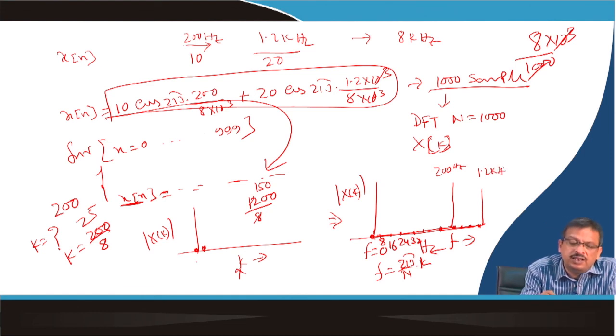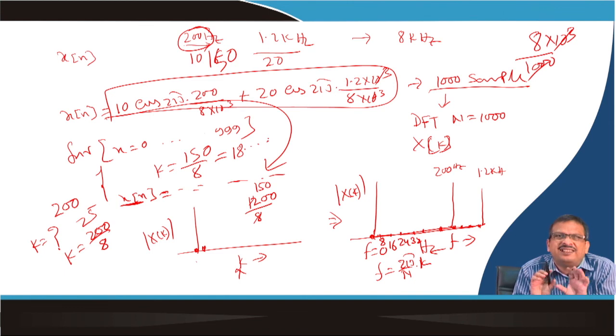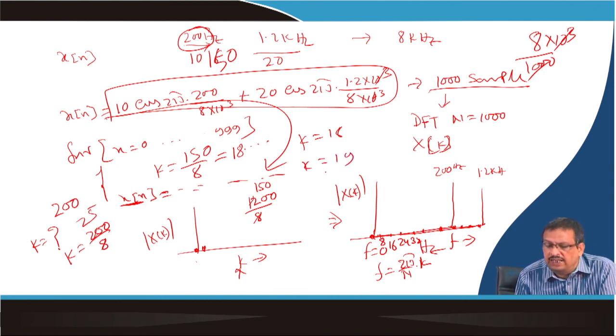Now suppose instead of 200 hertz, let's say 150 hertz. Then what is the value of k? K equal to 150 divided by 8. So 18 point something is coming. So k comes as a fraction. So either k equal to 18 or k equal to 19, because k cannot be a fraction.